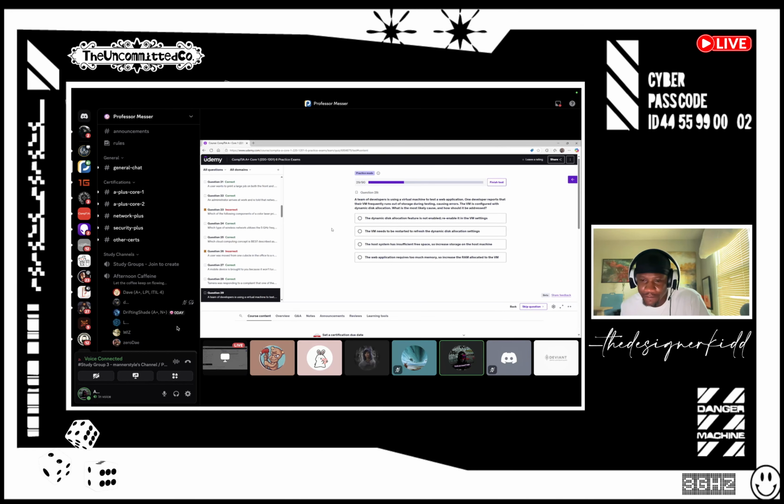Is that the VM we're talking about? The VM is sitting on top of the host system. When you have dynamic disk allocation, it's going to increase the storage space used. I'm getting it confused. I'm saying B.